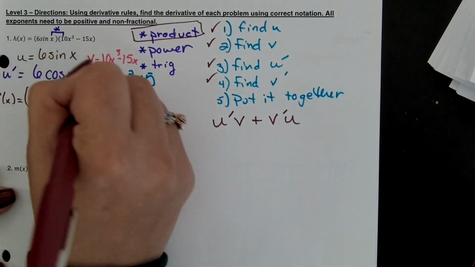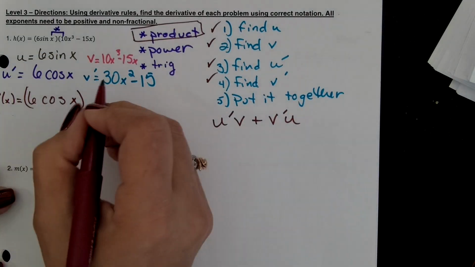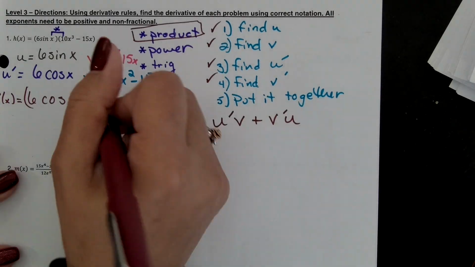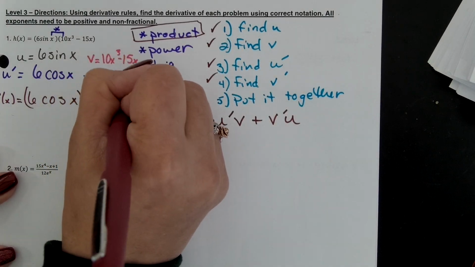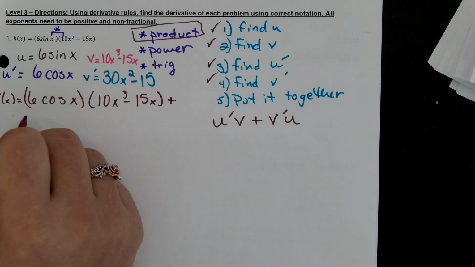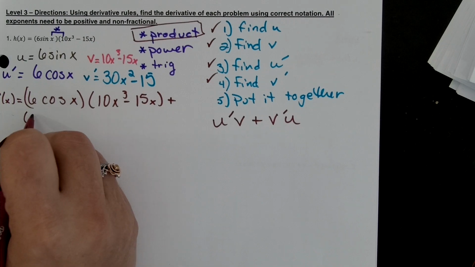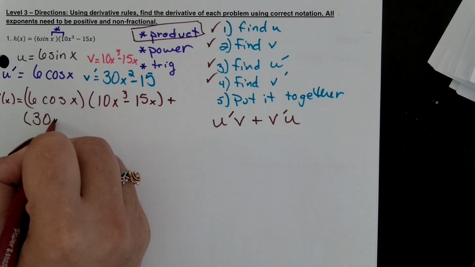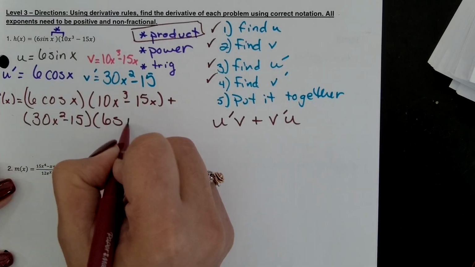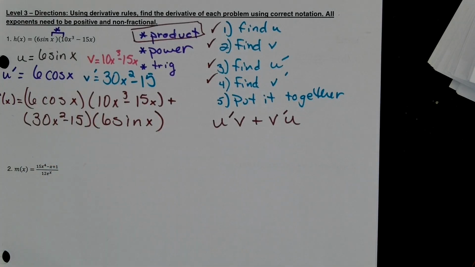Okay. What is V? No. Not V prime. 10x. What's V prime? And then U.